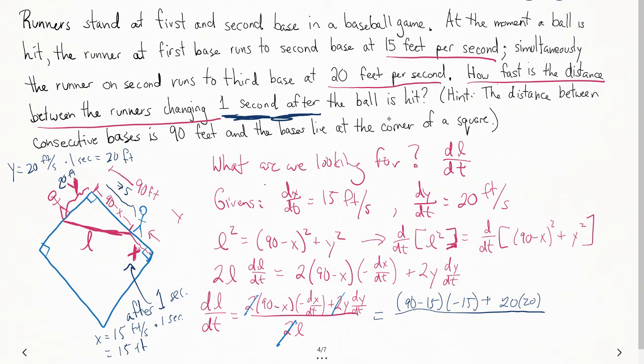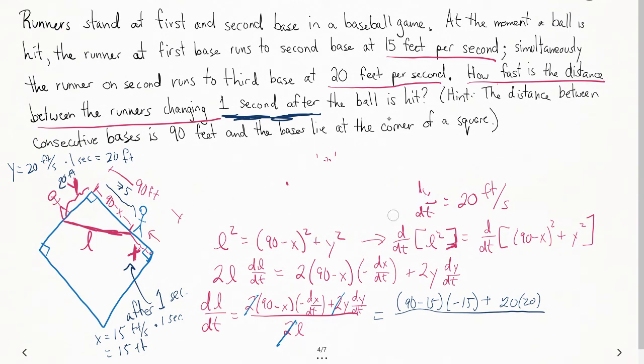So what does L equal? Well, that's not going to be too bad either. I'll erase that piece. Hopefully everyone had that, what we're looking for. And our givens, we don't need those for right now. Okay, so L. We know that L squared equals, just from this equation, 75 squared plus 20 squared.